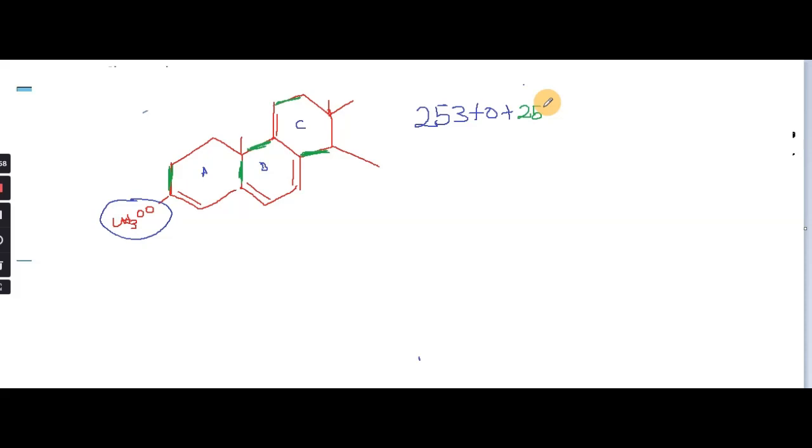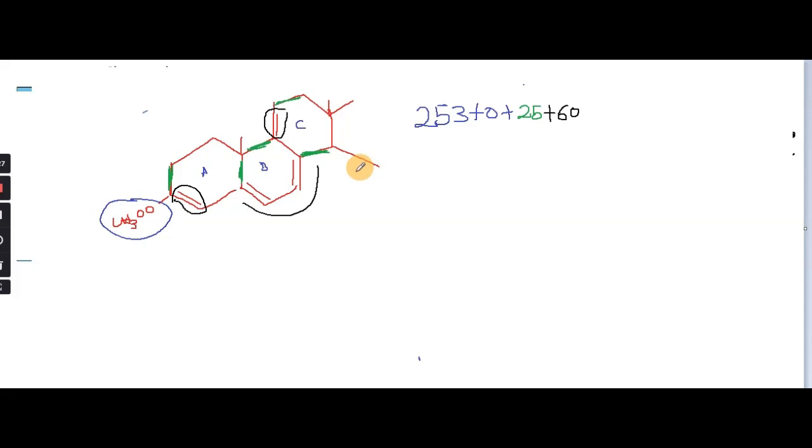The next one is our double bond conjugation. Now this is our base double bond, that is the cis one. This double bond is an extended conjugation. Then this one too is an extended conjugation, each of which adds a total of 30 nanometers. So we're going to have plus 60 nanometers for double bond extended conjugation.